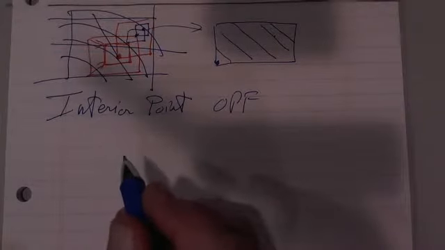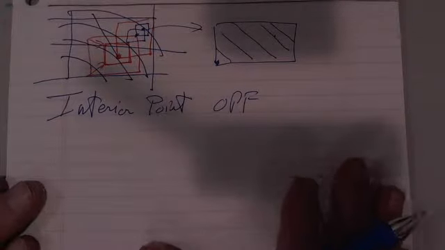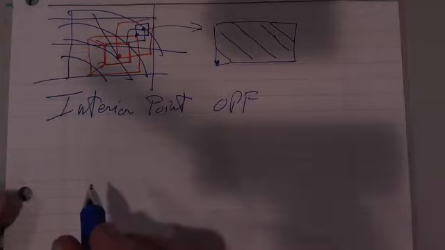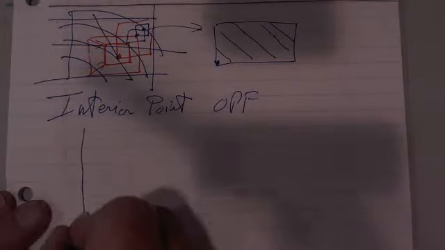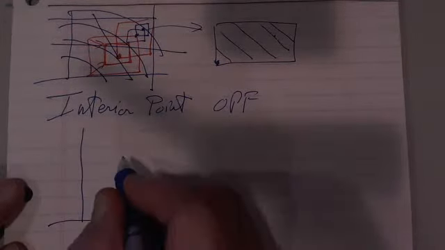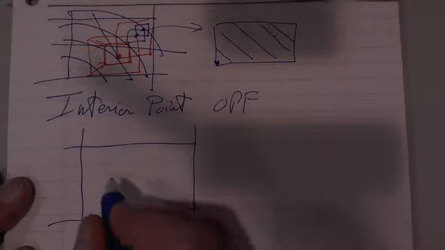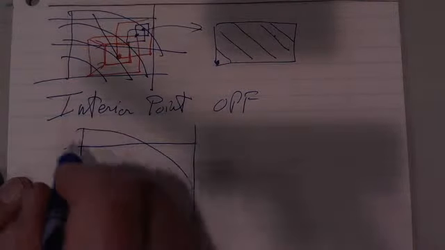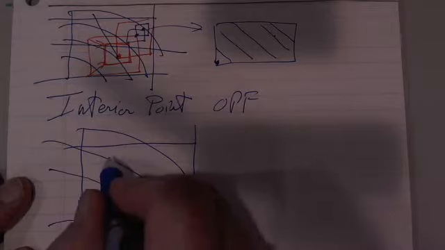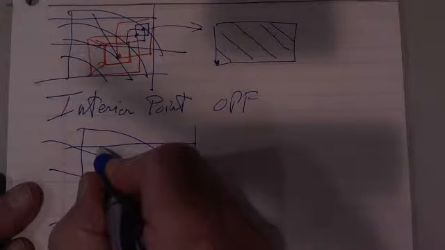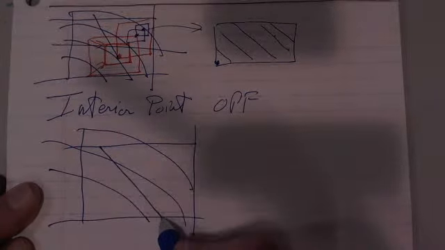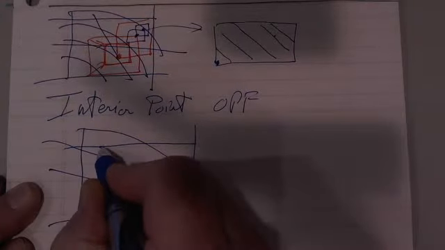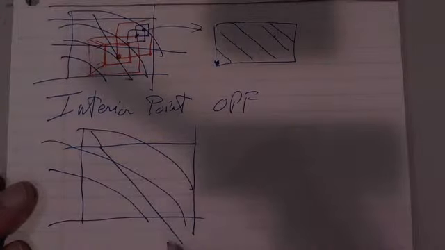Here's the idea. Let's suppose I've got a problem like this, and I've got a constraint that looks like this. So this is the constraint, and back here is not allowed. You can't go back here.